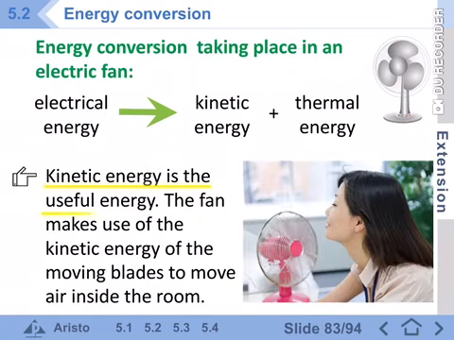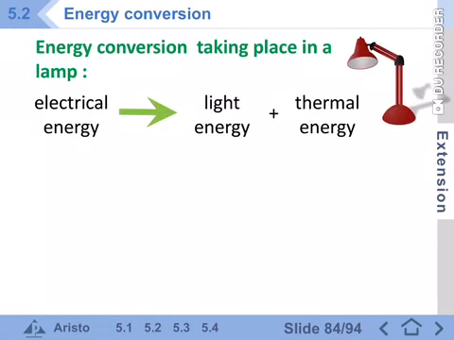That's why the kinetic energy is what we want. We're measuring in terms of what we want, the desired outcome. For the lamp itself, the electricity will be converted into light energy and also thermal energy.